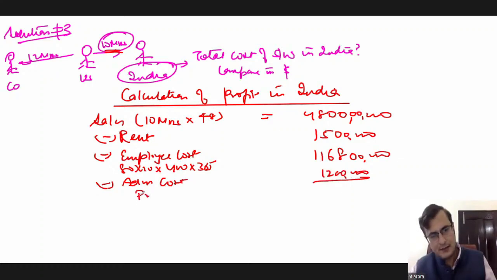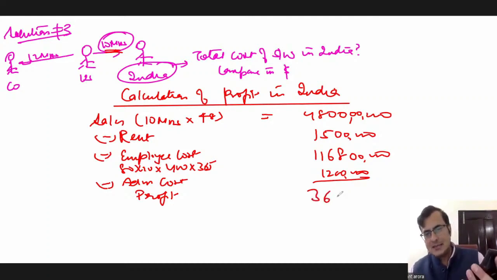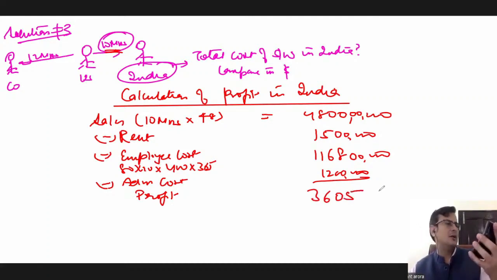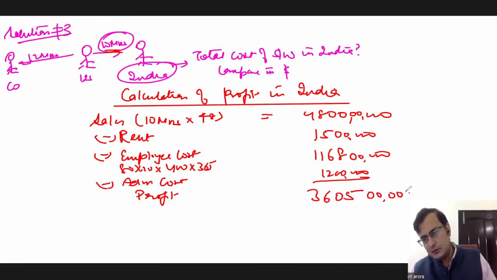So the profit that we get is this plus 15 lakh minus 48. Okay, huge profit, huh? 3605, 5 zeros. 1, 2.